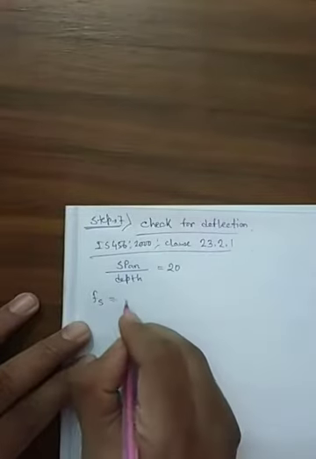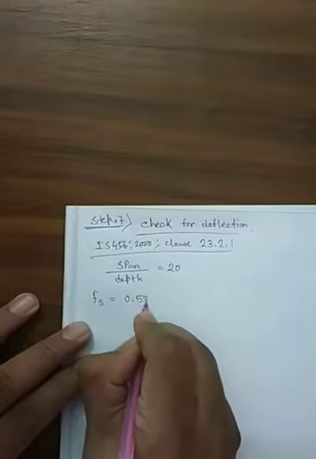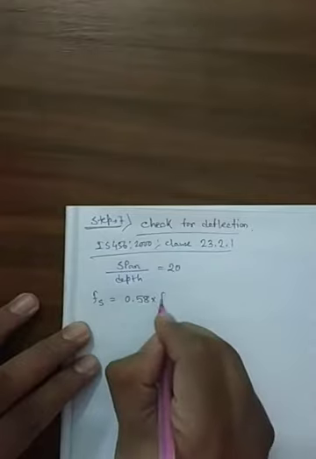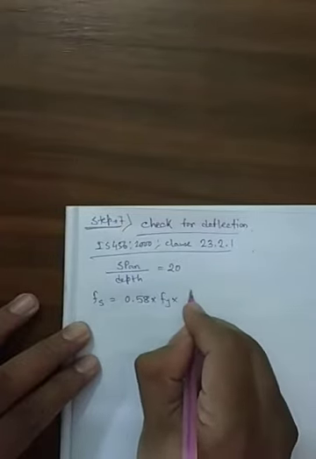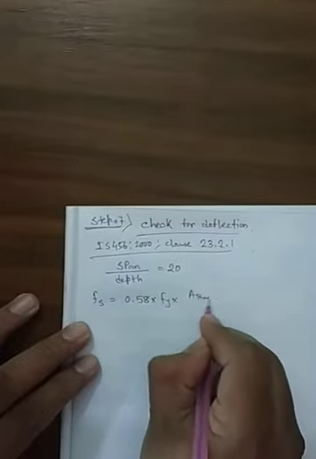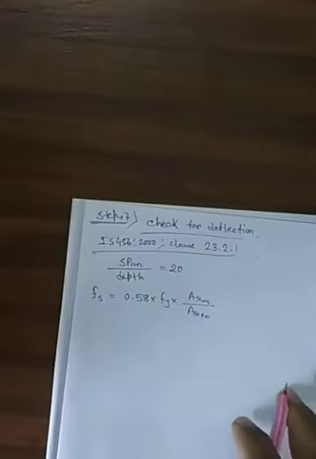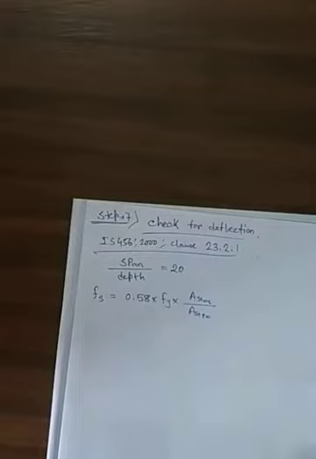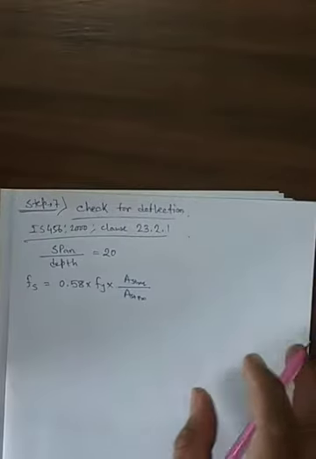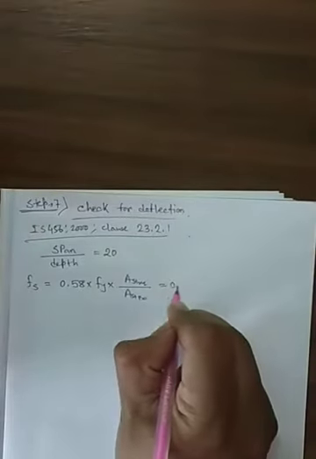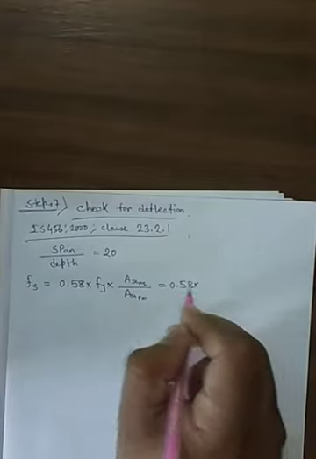So Fs is equal to 0.58 into Fy into AST required divided by AST provided. We have to calculate Fs. So the value comes how much? 0.58 into Fy. What is our Fy value?